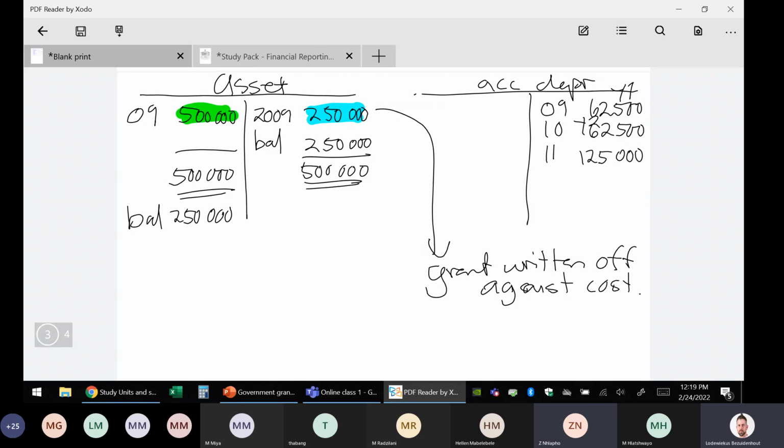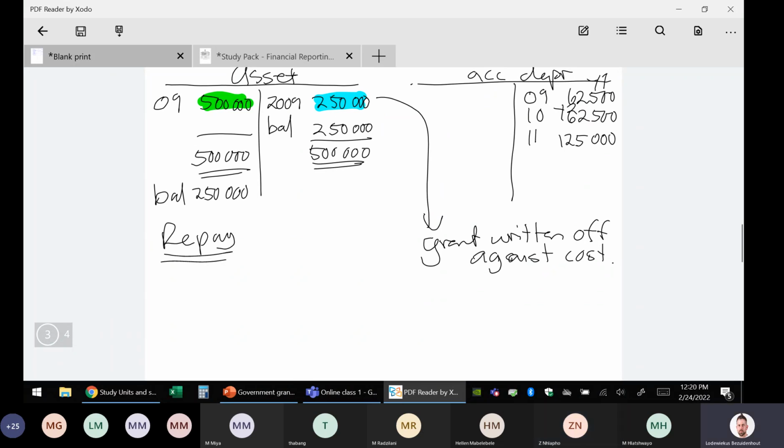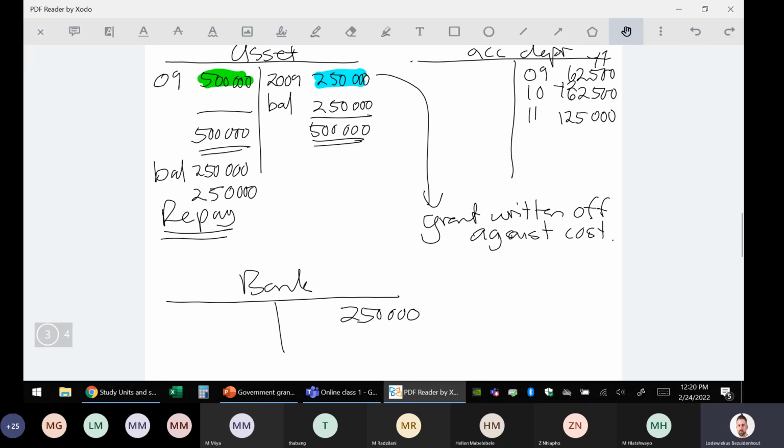Now, after 2 years, what do we have to do? Now we have to repay. So the journal entry will be, I have to increase the value of the asset. Bank is easy because we're going to repay 250,000, and I increase the value of the asset with the repayment of 250,000.